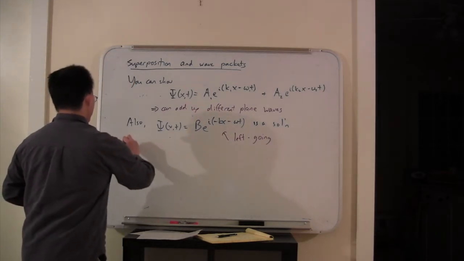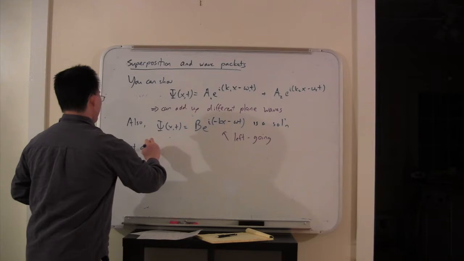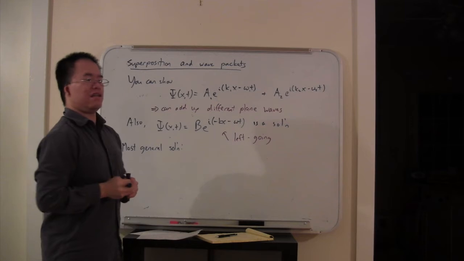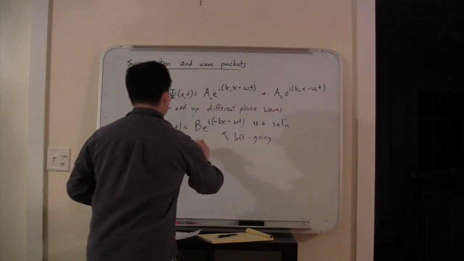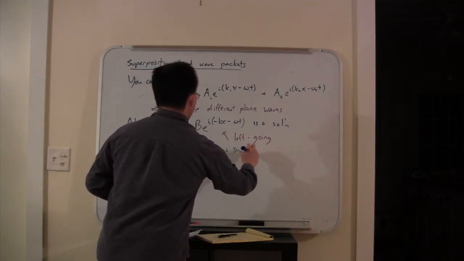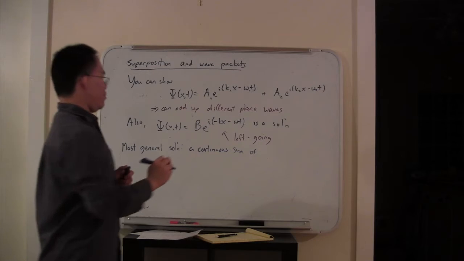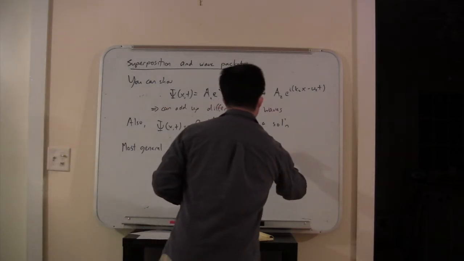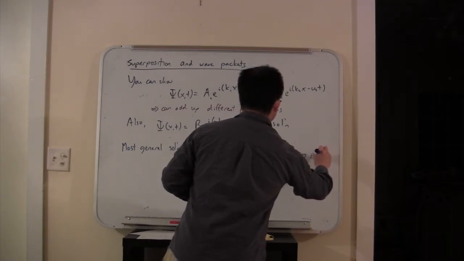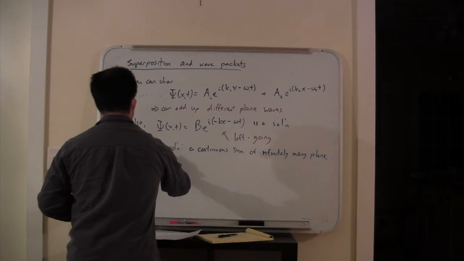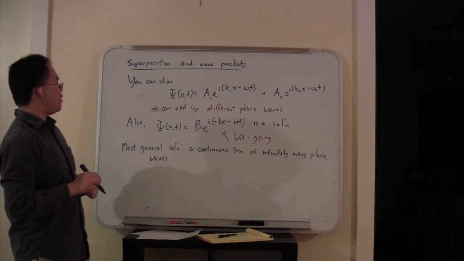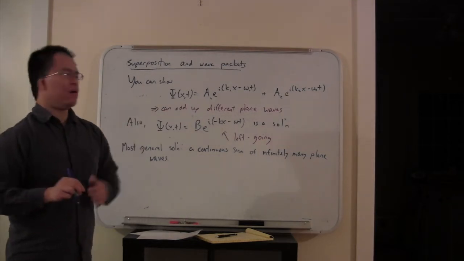So the most general solution is a continuous sum of infinitely many plane waves. Maybe I'll just write out the discrete sum first, just so that you can see where it comes from.